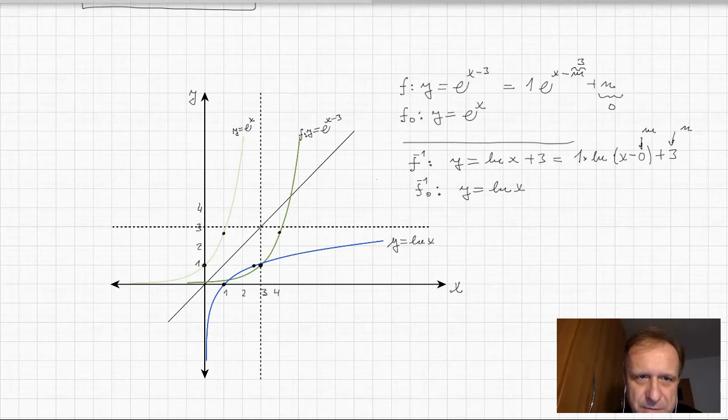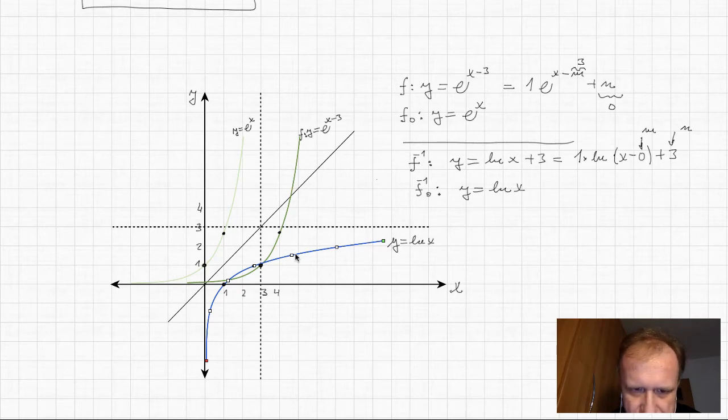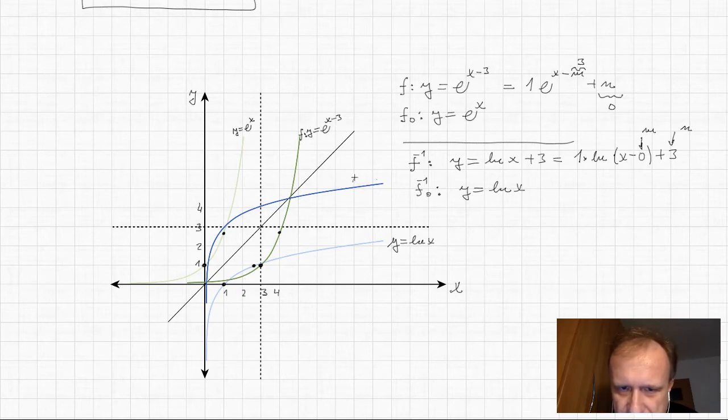So I'll take this curve and shift it by 3 units upward. So 1, 2, 3. By doing that, what I obtained is the new graph. This function here is the function y equals logarithm of x plus 3, and this is the inverse function to the green one.